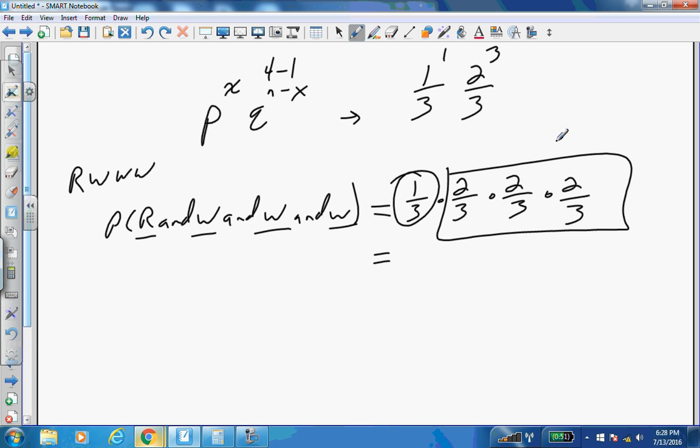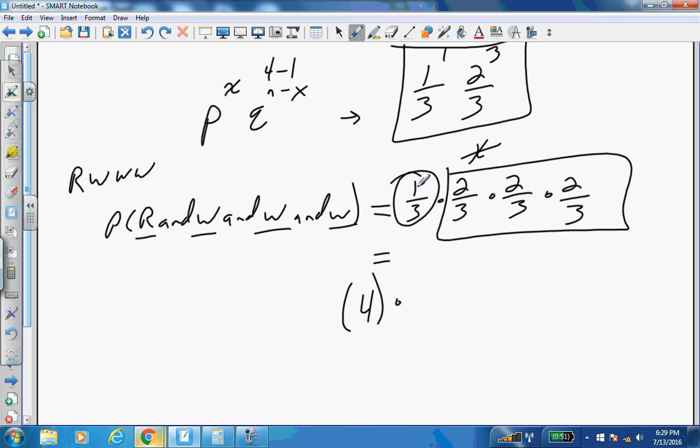Notice 1, 2, 3. So that portion of our probability function just calculates for one way of having exactly 1 success. What is the probability of that occurring? We would then take that probability times there are 4 different ways of getting that occurrence.